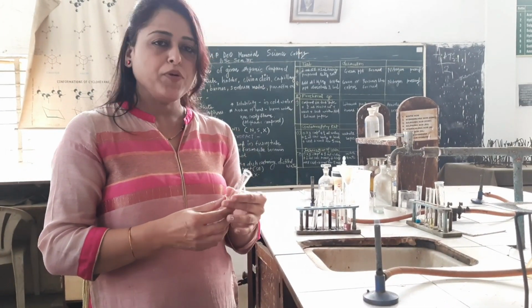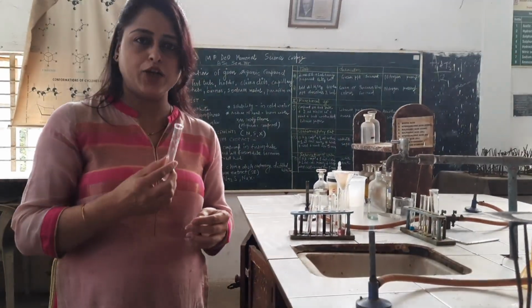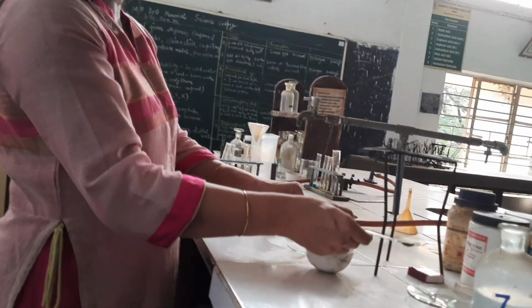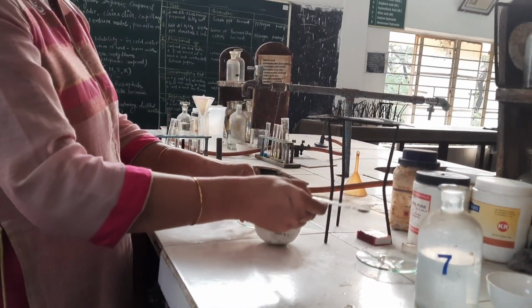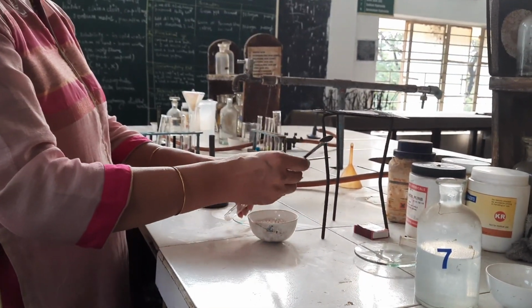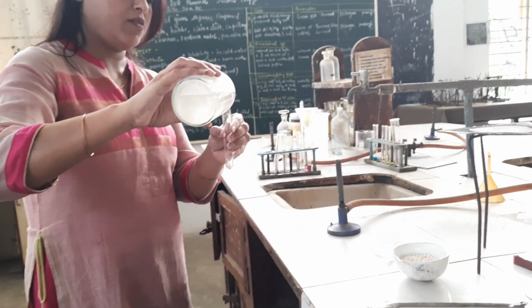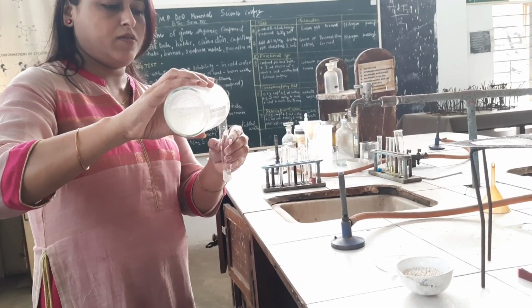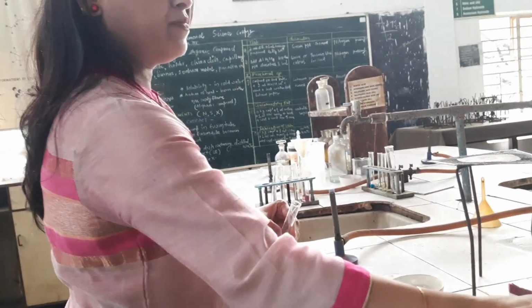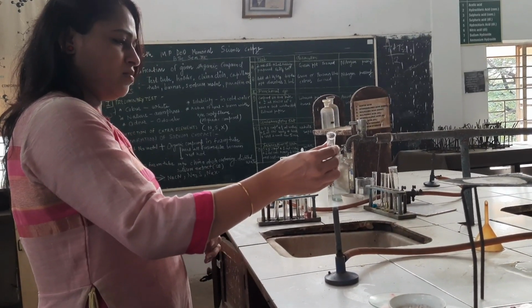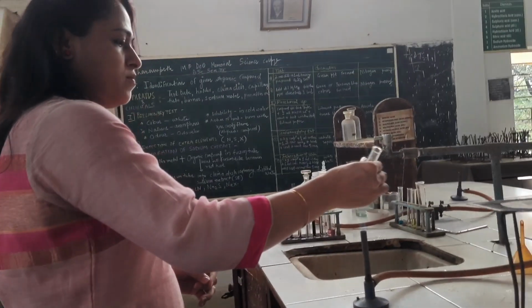Now I am going to perform the test for amide group. For that, take a little bit of our unknown organic compound and add NaOH into this. Just heat it till the compound gets dissolved.